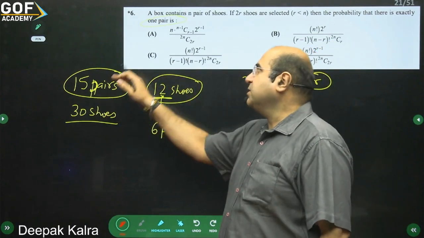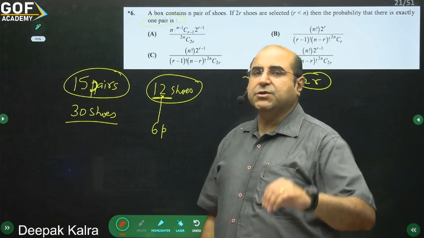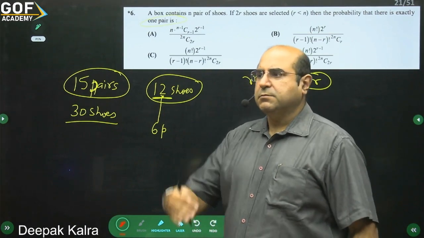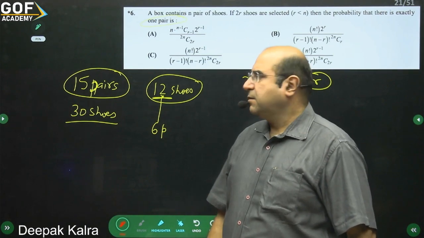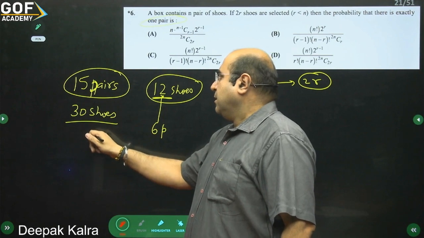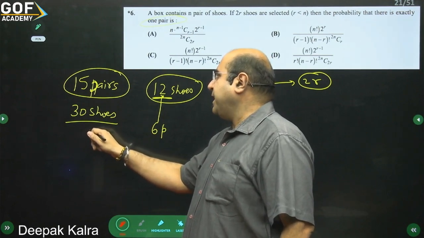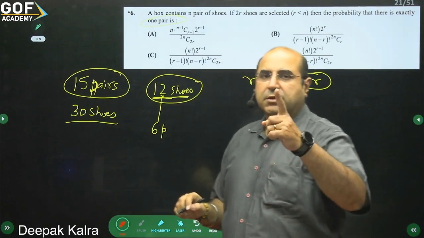Let us suppose we go with 1 pair first. Or we can go with this also, that no pair is there. In the no pair case, I want to select 12 shoes and they should not form any pair.